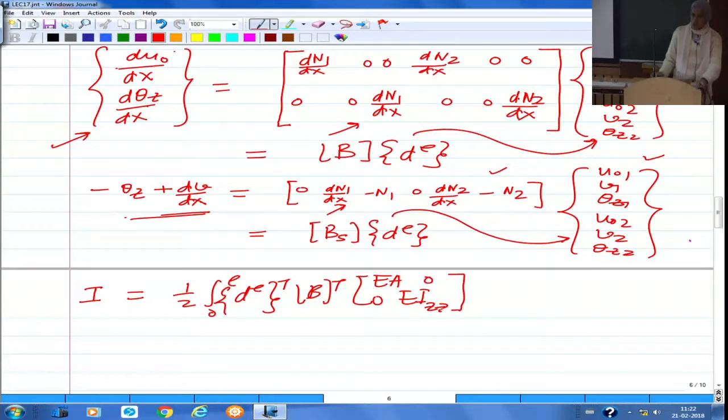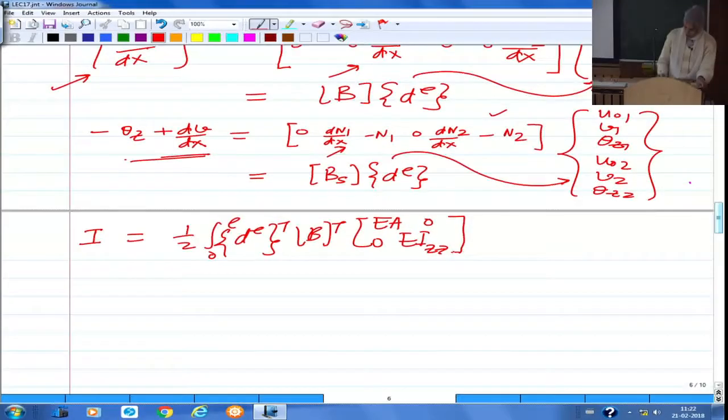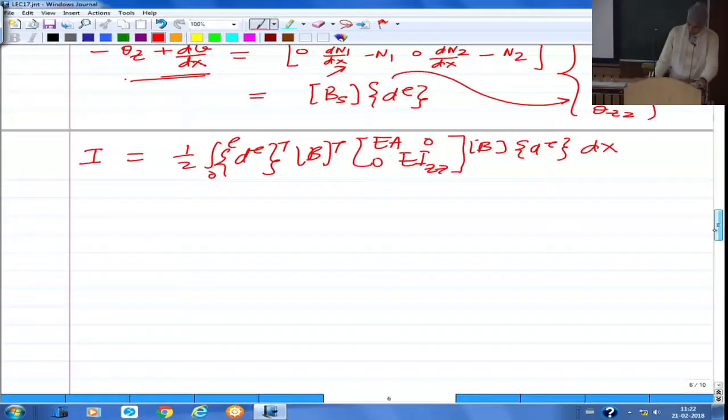We are repeating the same concept, so I will not repeat all of these in the same detail subsequently; I will define only the minimum things. So B and then into d^e, so this is the first term dx. You are just substituting this vector du naught by dx, d theta z by dx in the first energy term.